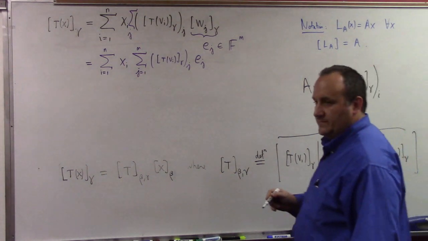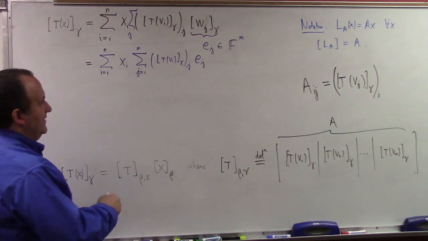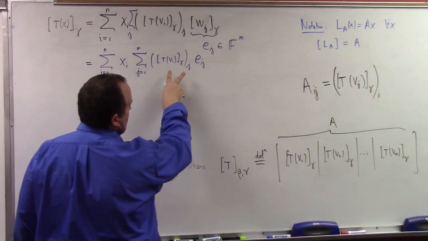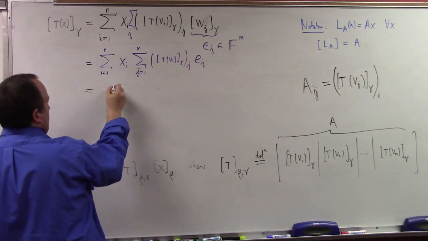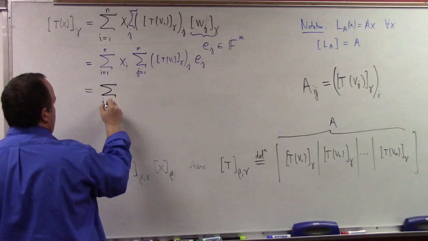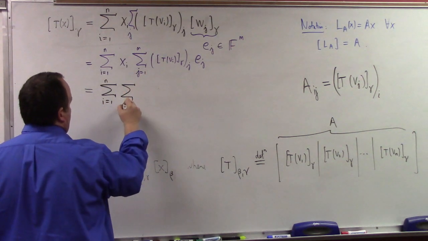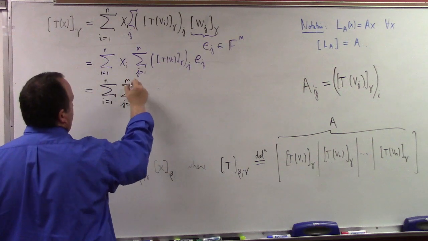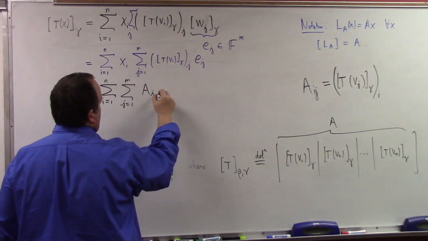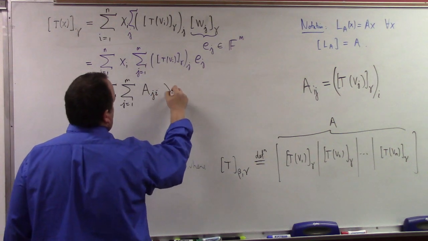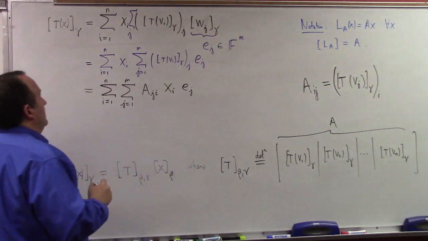So look over here. What do I have? I've got exactly that, but what's the deal? The i and the j, flippity-flopped. So sum over i from 1 to n, sum over j equals 1 to m of a_ji x_i e_j.